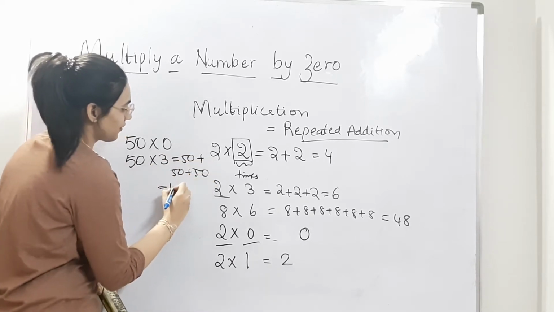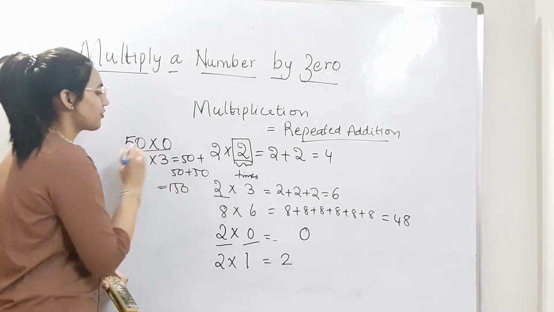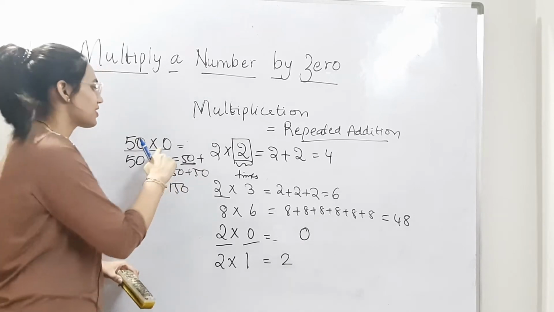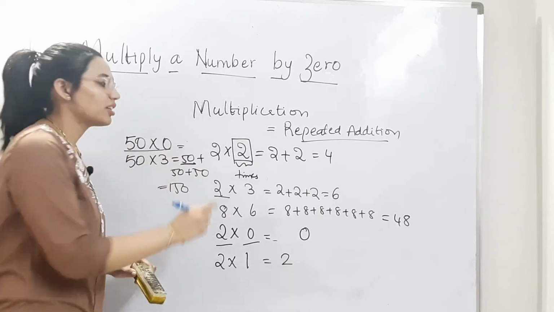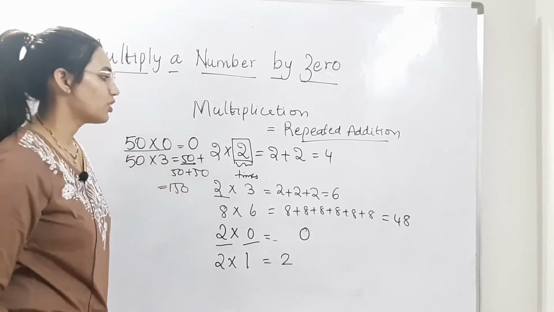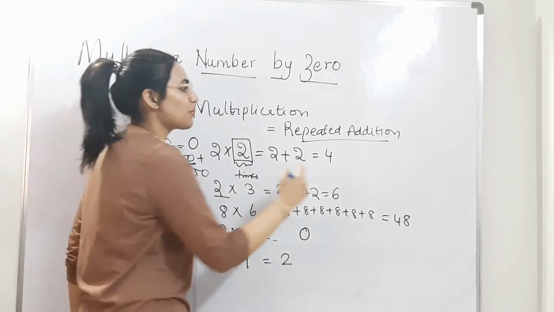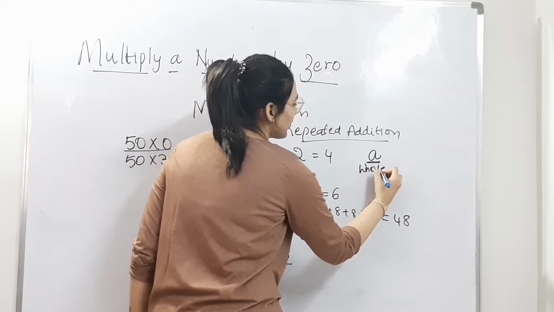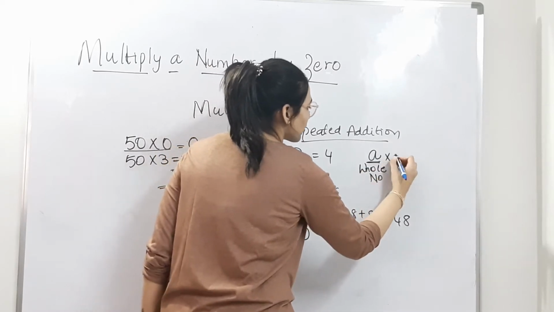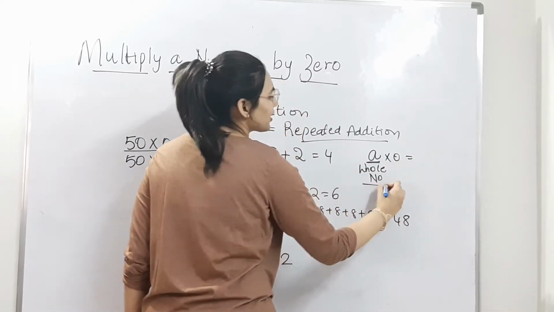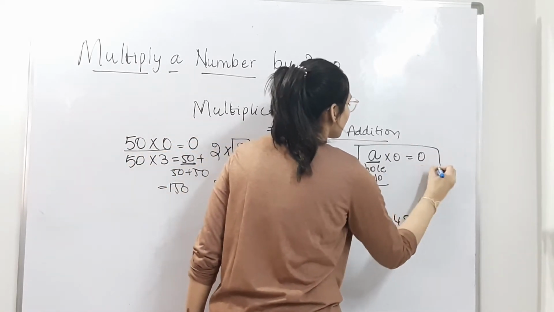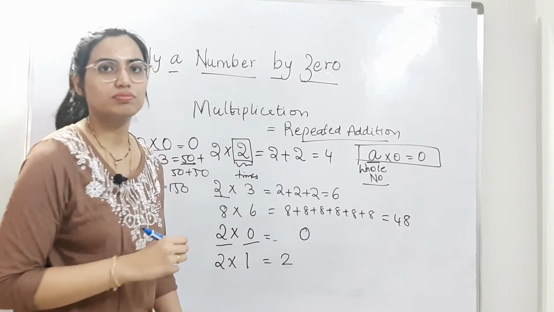That is nothing but 150. But what happens if we multiply 50 by 0? We don't even have to write 50 once. That means this is not there at all. So the answer is 0. So in short, any whole number multiplied by 0, or any number for that matter, not only whole number, the answer will be 0.